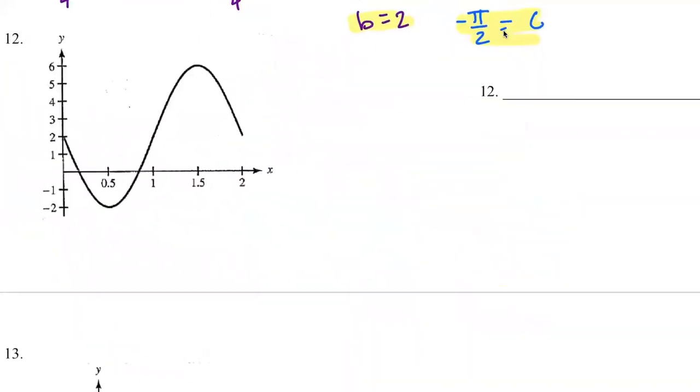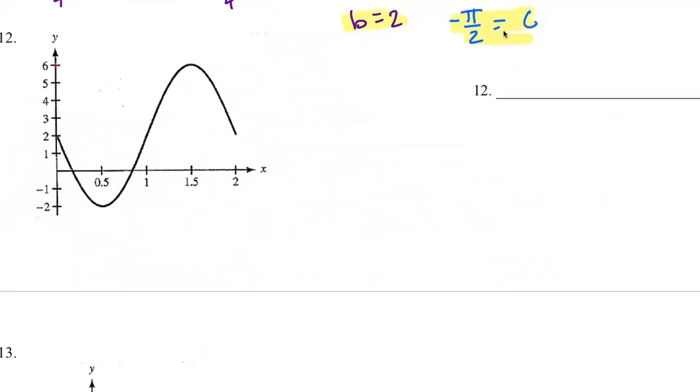Let's look at number 12. That didn't work out very well. Let's try that again. Okay, so I'm going to draw my frame. It looks like we have a sine curve.